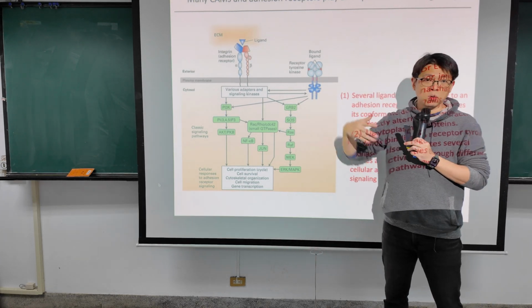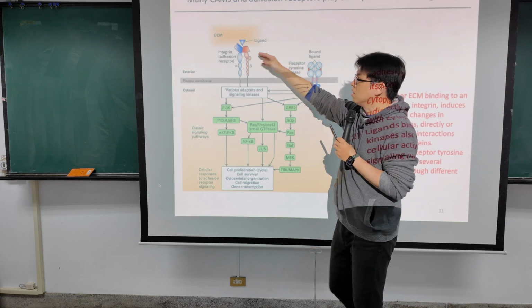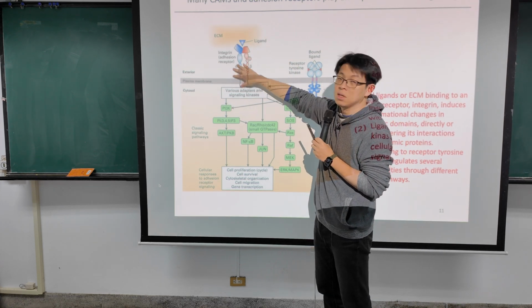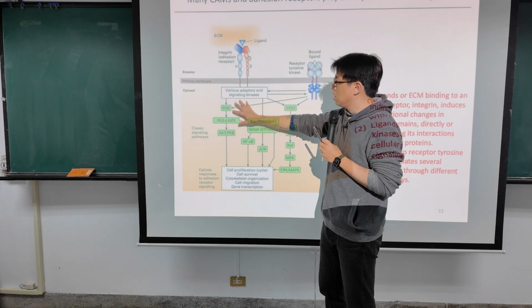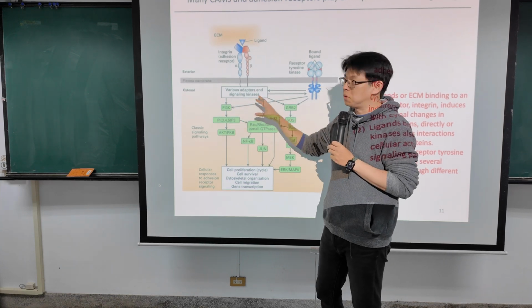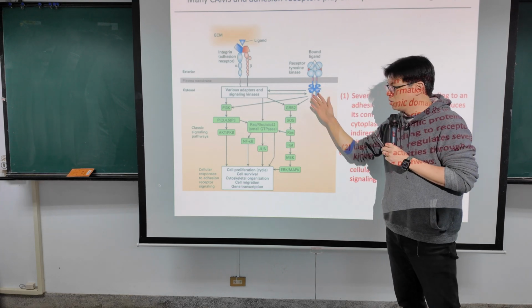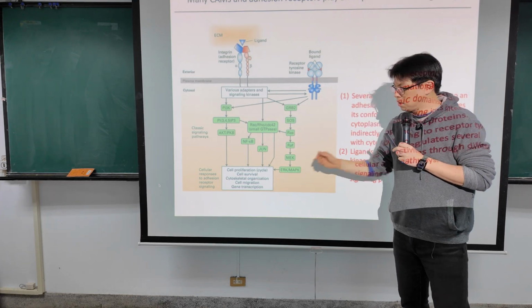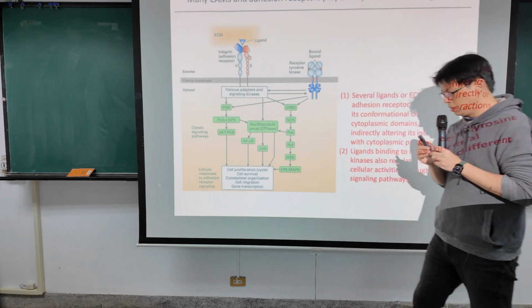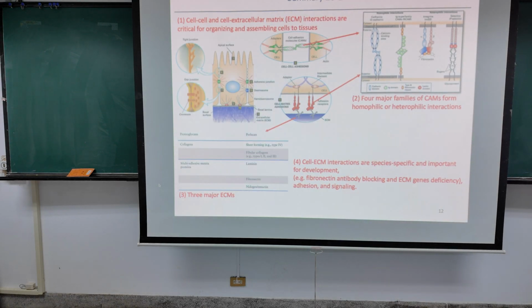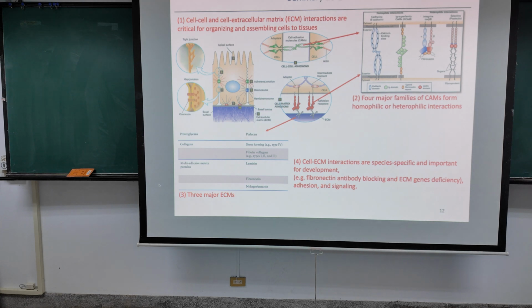But ECM can also serve as a ligand to bind to such a receptor, and they share pretty similar signaling, so those bindings can also regulate cell signaling as well as their activity. Okay. So this is kind of an overview of this section.